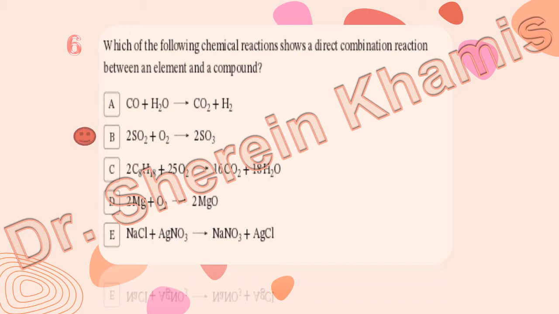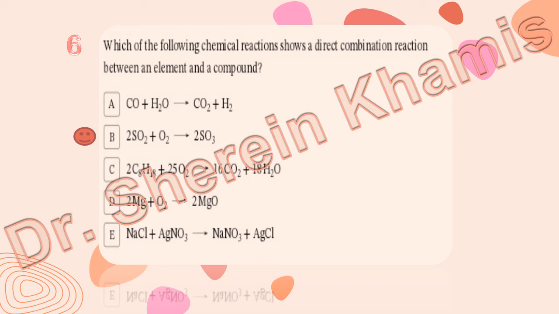Okay, we will continue with the other choices. We have here a compound and oxygen that give two products. No, it's not a single or direct combination. We have here element and element, and last we have two compounds, so the right answer will be letter B. We have a direct combination between the compound SO2, sulfur dioxide, with oxygen that makes a burning.